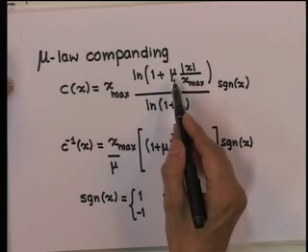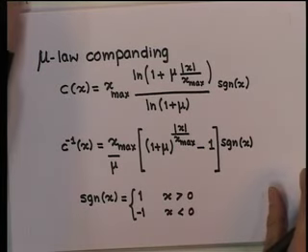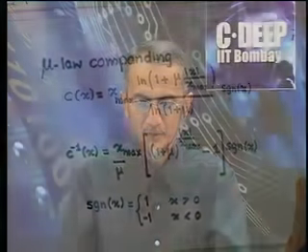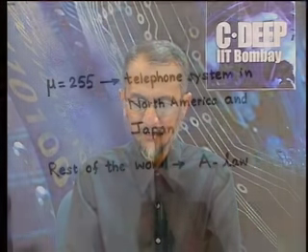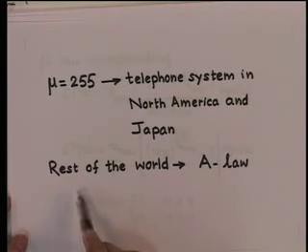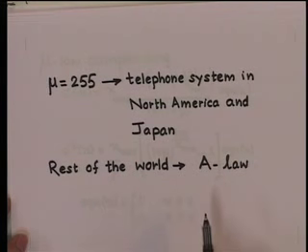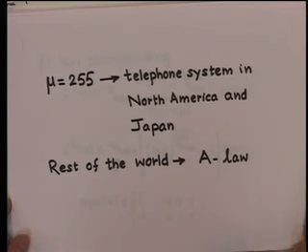Mu equal to 255 is the value which is used in the telephone system in North America and Japan, whereas the rest of the world uses A law characteristic for companding, and that is given as follows.